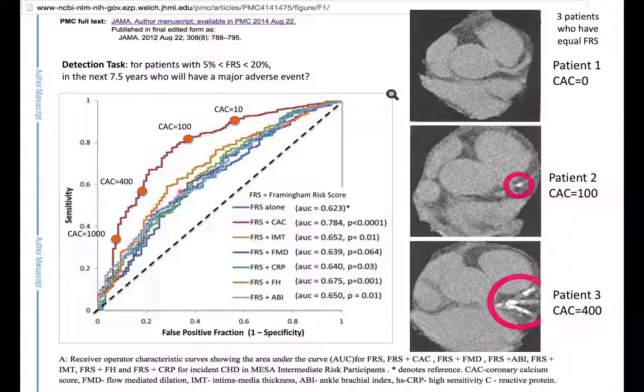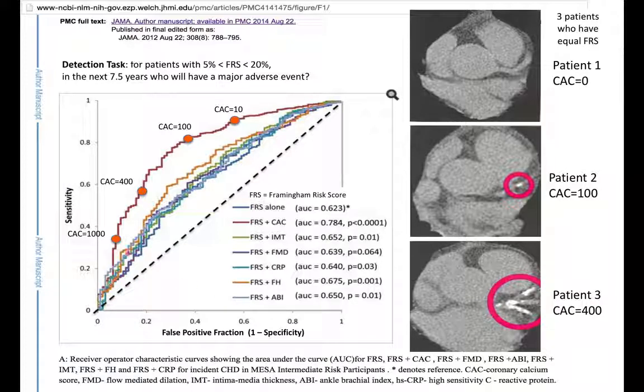It doesn't really matter which blue curve, it's one of these, because they're all terrible. But this is the false positive fraction versus the sensitivity, true positive fraction. And so as you crank up your threshold for detecting whether or not a person is going to have a heart attack, you increase the rate of false positives that you call, right?